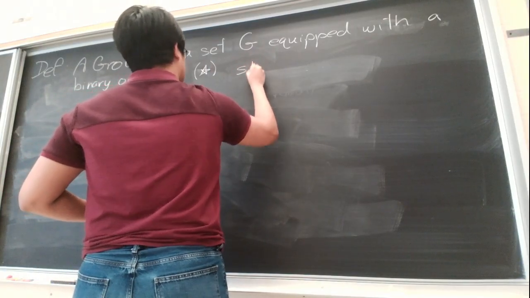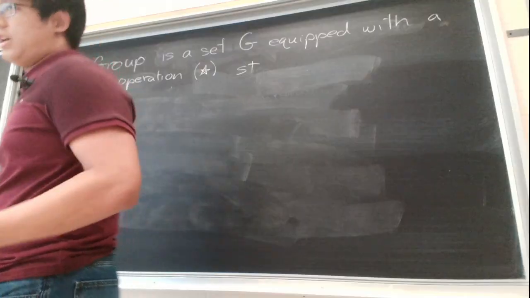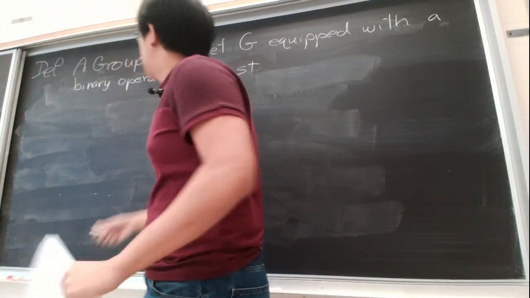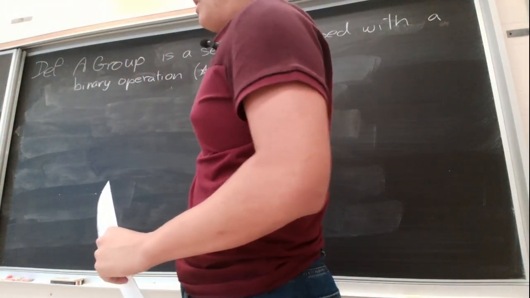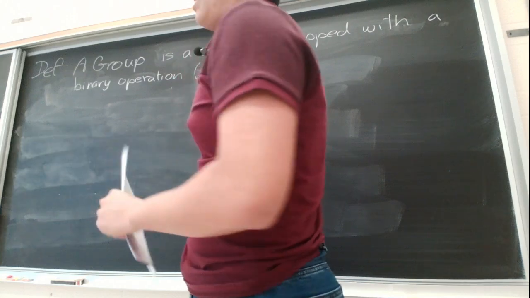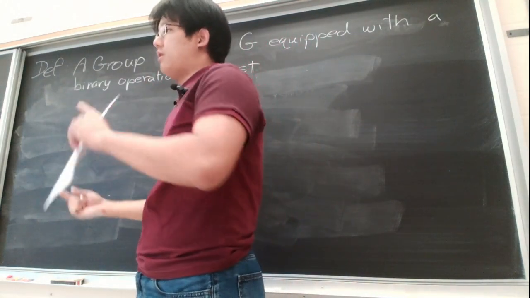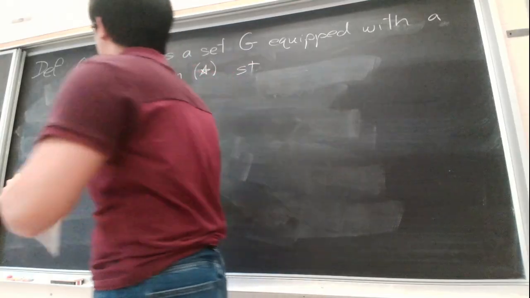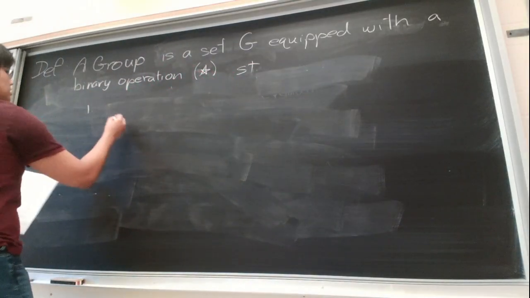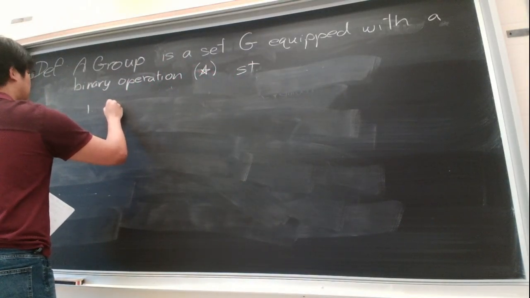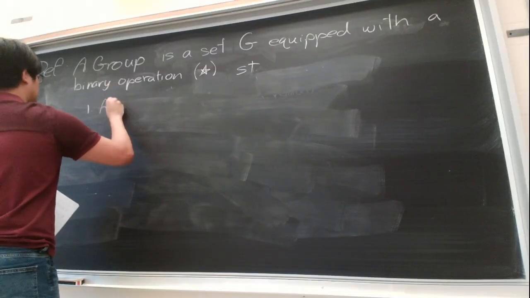Such that three things. Again, in the context of algebra, we always have some sort of collection of objects, some sort of set, and we give it this binary operation that acts on only two elements of the set, satisfying the following properties. Number one, let's just call it associativity essentially.